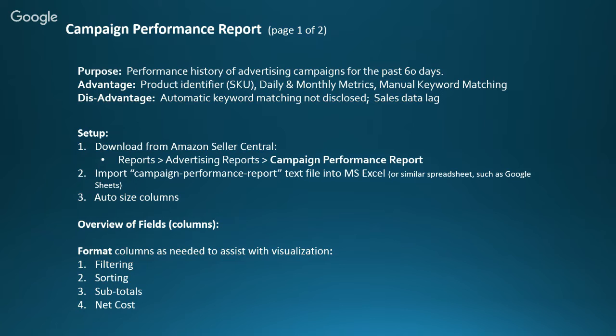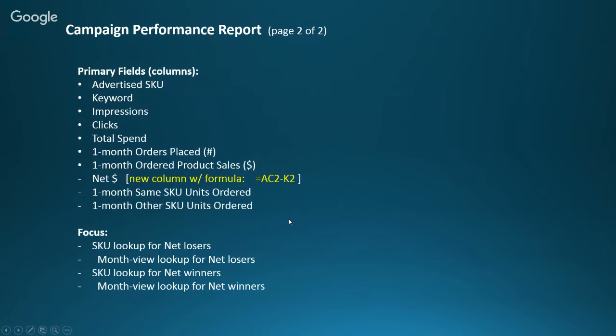And it does actually show you the manual keyword matching as well. And there's actually a lot of similarities between the search term report and the campaign performance report. It's simply whether you're looking at a month view or narrowing it down to a specific SKU as opposed to an ad group or a campaign.